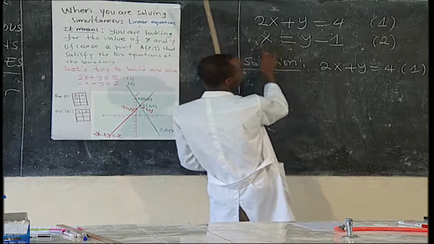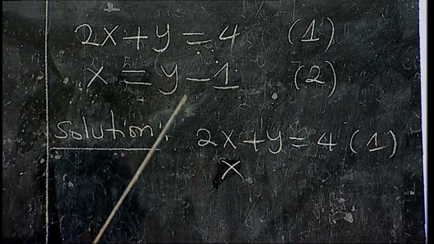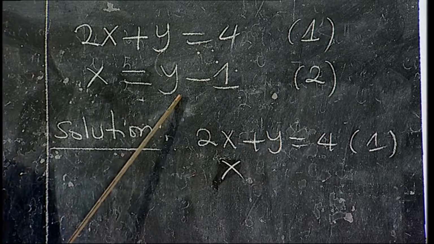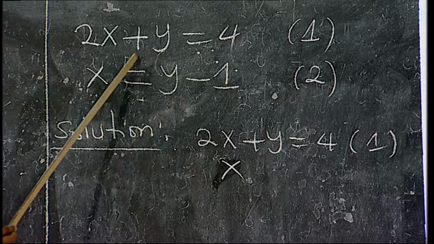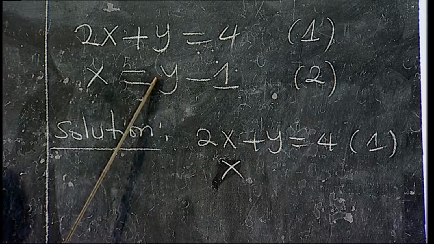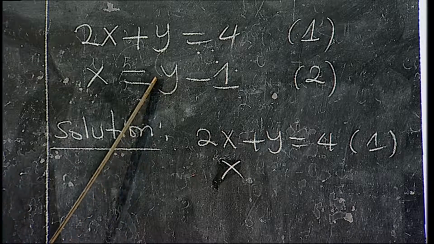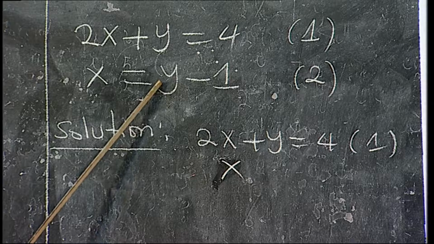Now, I have x. It keeps being here, no problem. And I have y, but it's on the other side. I need to bring it over here. When I bring it, check the sign of y. Which sign is here? Yes, it is positive.